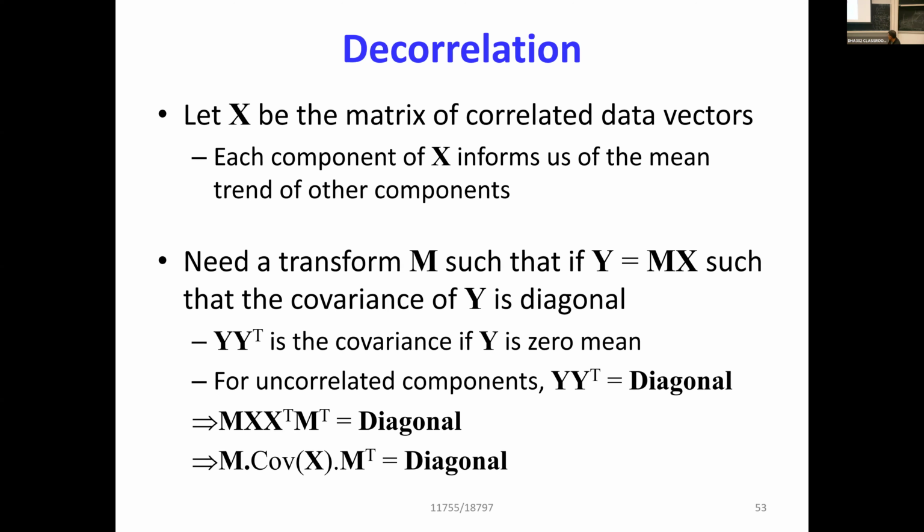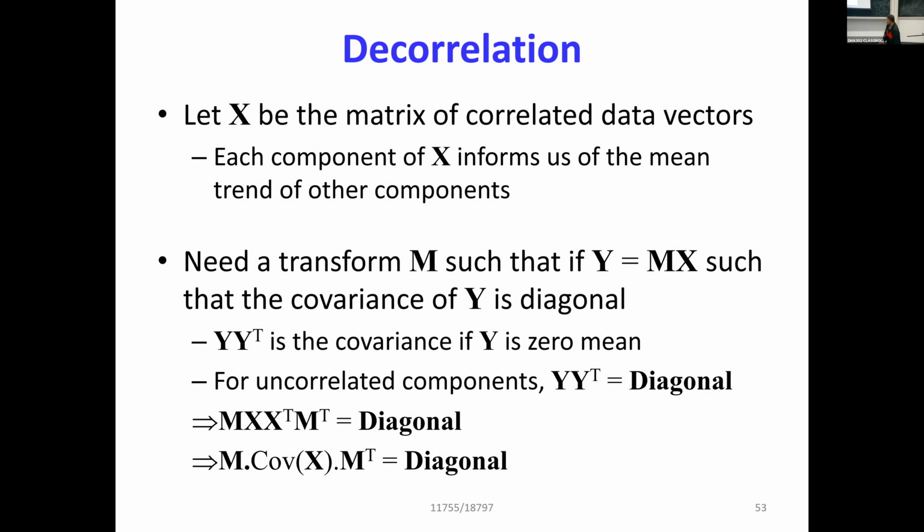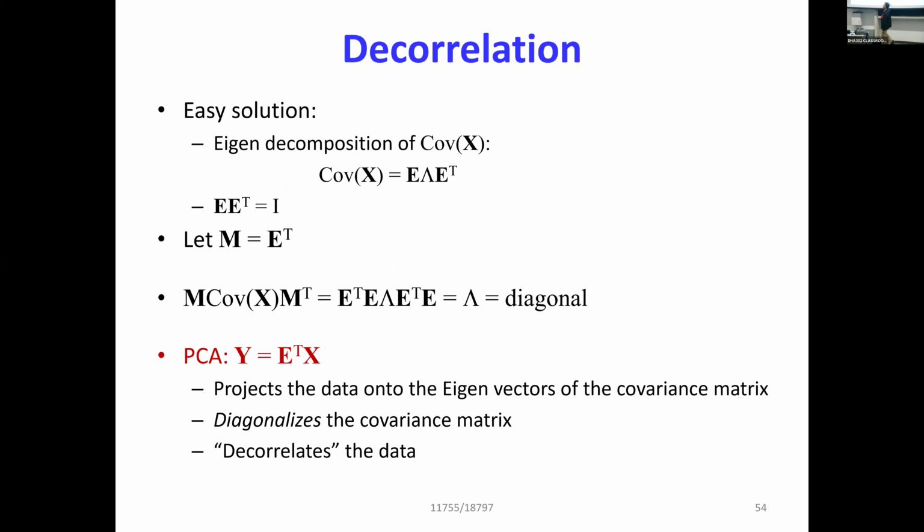So this is what I've got. Let's say I just consider this one. This is the correlation matrix of my centered X. If I perform eigen decomposition of it, then I can always write this as some E times the eigenvalues times E transpose. Again, we saw this in class, right?